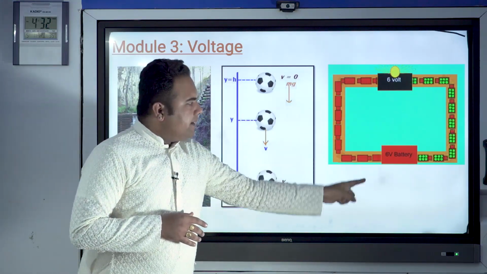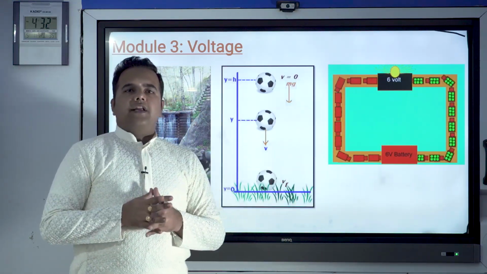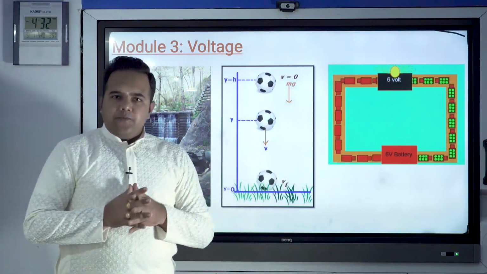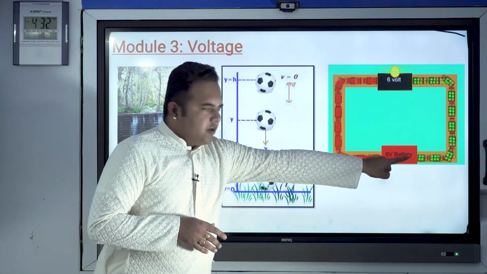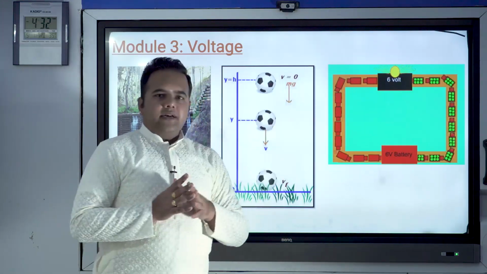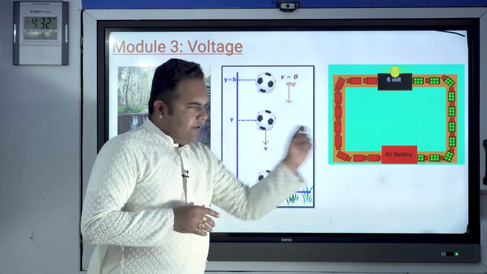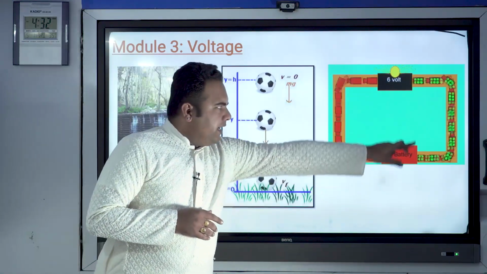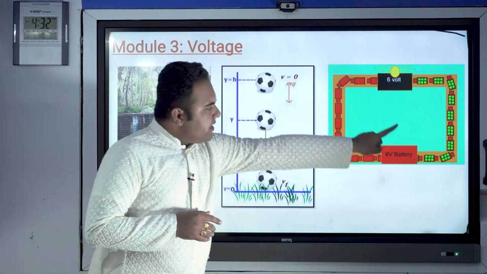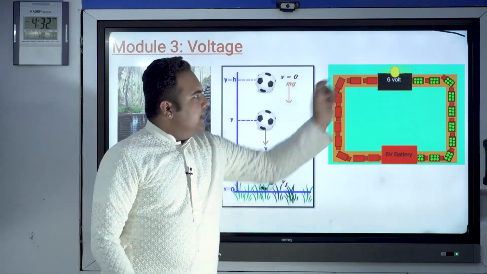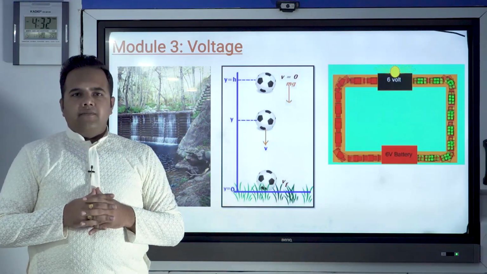The moment we insert the battery in a circuit, the chemical energy is transported by the electrons and converted to electrical energy. Electrons take a very minute part of the energy to move, and as they move, they carry this energy and give it to the appliances that are connected.